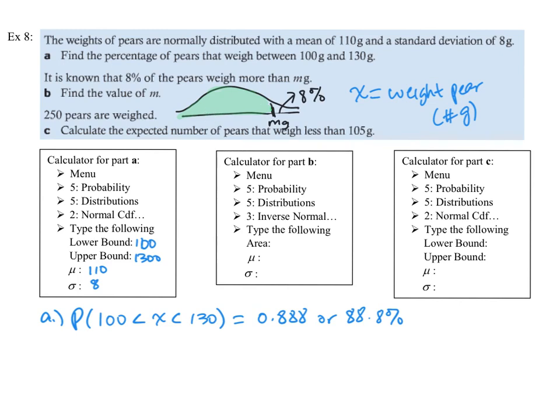So on your calculator, you'll hit menu, and then 5 for probability, 5 for distributions, 3 for inverse normal distribution, and then for the area, as we said, we'll type in 0.92, that 92% in decimal form, and then the mean was 110 again, standard deviation was 8. For letter B, we're not finding the probability, we're finding m, the number of grams.